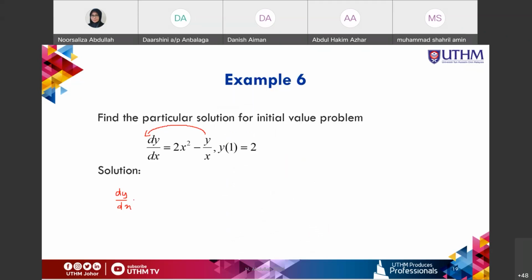Right, plus y over x equals to 2x squared. So from here, identify Px. So Px is 1 over x, right? Good? Betul, Doktor. And Qx equals to 2x squared.